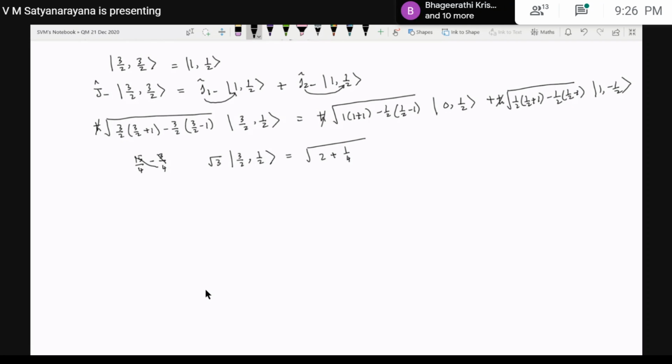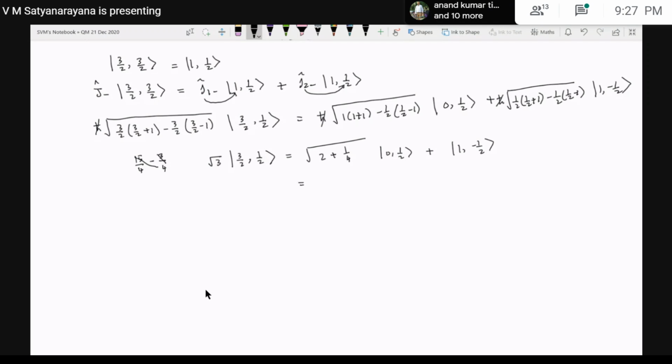Okay. 0 comma half. Plus this is 1, correct. This is 1 by 4, 3 by 4 plus 1 by 4. This is 1. That is 1 minus half. Okay, so this is 9 by 4.